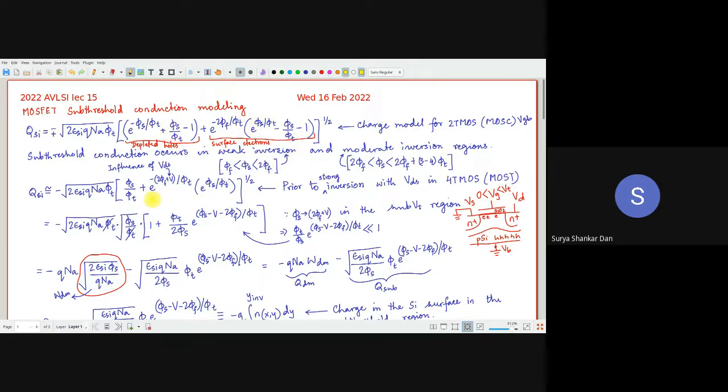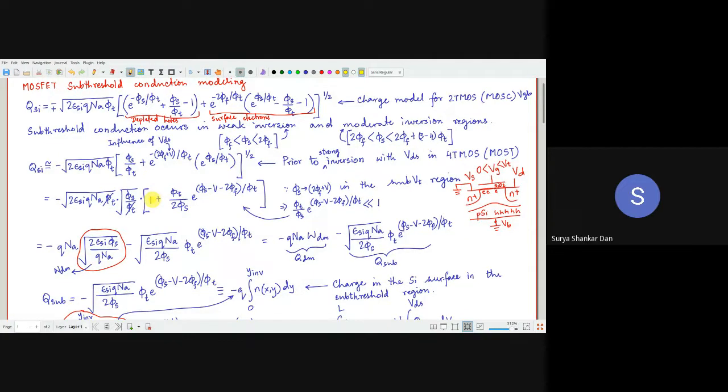So what we understand is, out of all this, these two terms will dominate. That's exactly what I've written. I have essentially ignored the other terms, so that's why an approximate sign is here.